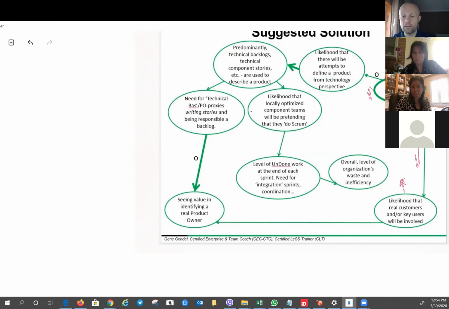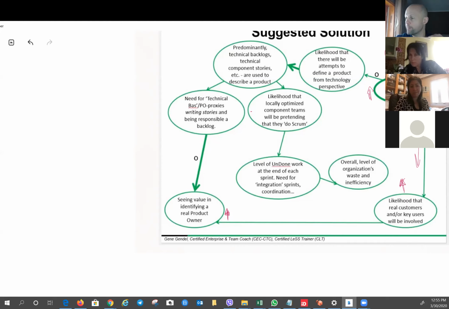It's not the opposite, it's direct. From here, I'm saying seeing value in identifying a real product owner is also high. So if you have a real product defined, if you have real customers and real internal users involved, your chances of identifying a real product owner, not a surrogate, not a proxy, are much higher.